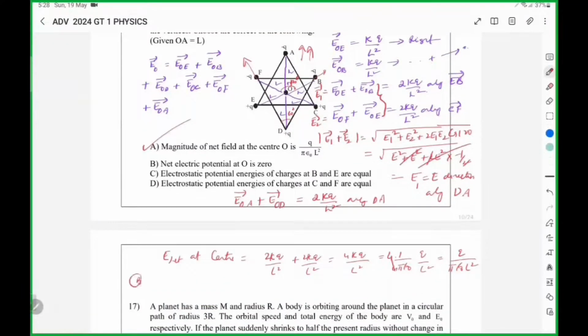So option B, potential at O will be potential at O due to A plus potential at O due to B, C, D, E and F also, right?